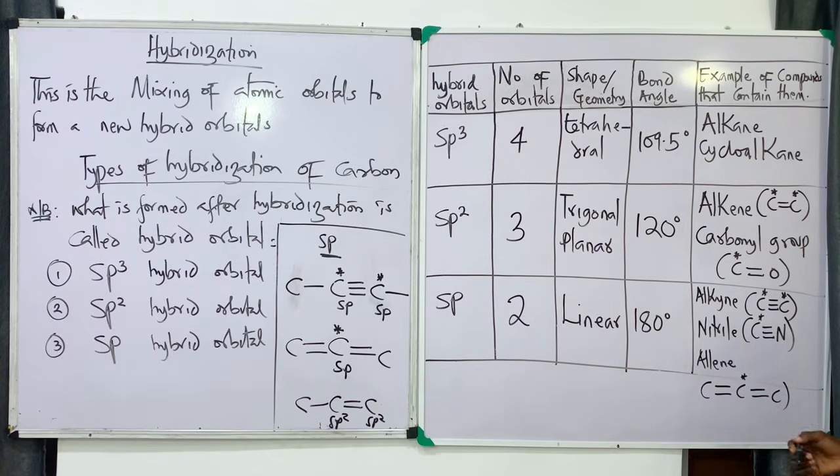The ones with asterisks are the sp hybridized carbons. This has a triple bond attached to it, this has a triple bond, and then this carbon has two double bonds directly attached to it. So this is an example of sp hybridized carbon.